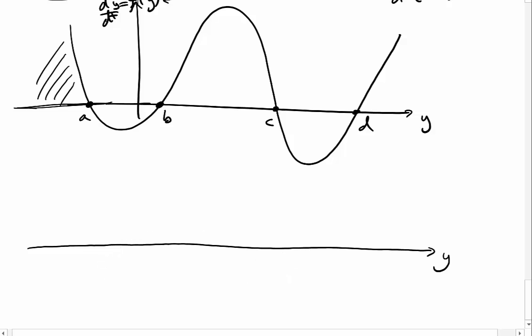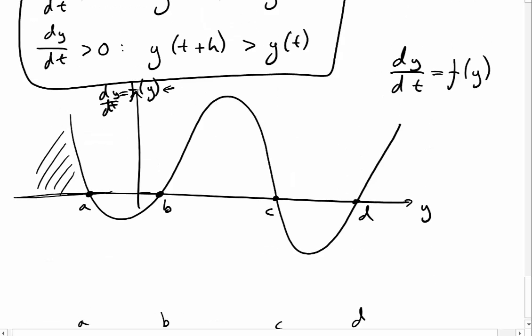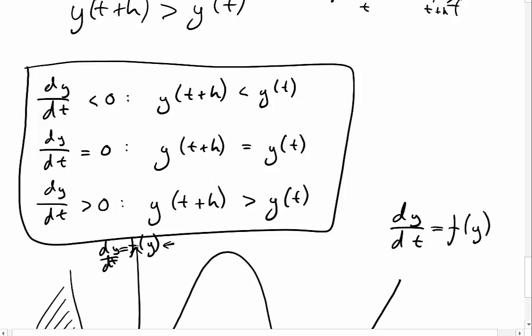So if I draw my equilibrium points on like that, there we go, this is A, B, C, D. Then as I move forward through time, if it's positive, then my next time step is going to be to the right of my previous time step.